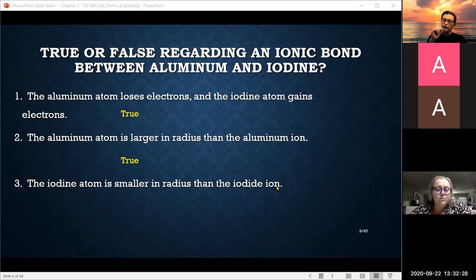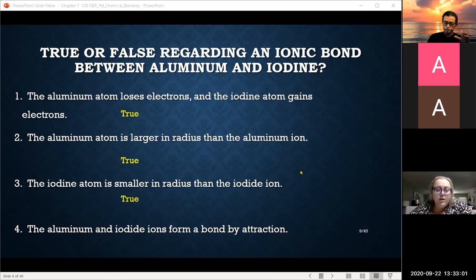What did the iodide do? Did it not pick up an electron? It picked up 1 electron, so it's got 1 more electron. It had 7 in the valence shell to begin with, and now has 8. There are more electrons, so that's a true statement, and it's bigger compared to the atom itself, the iodine.